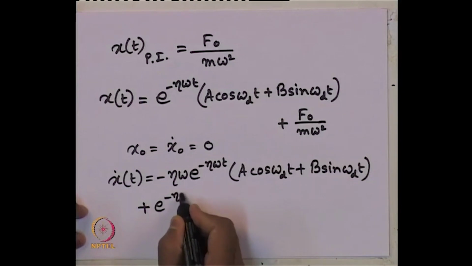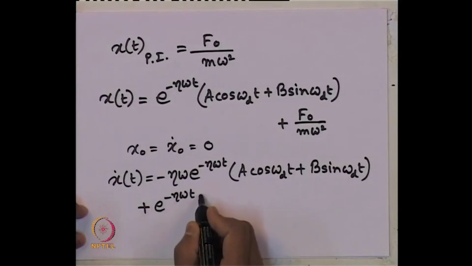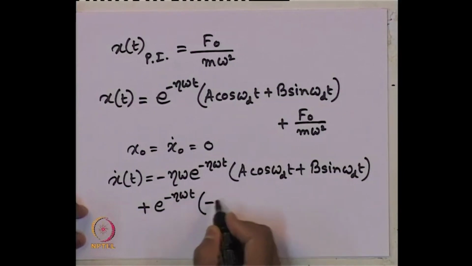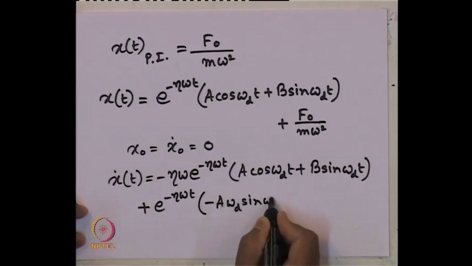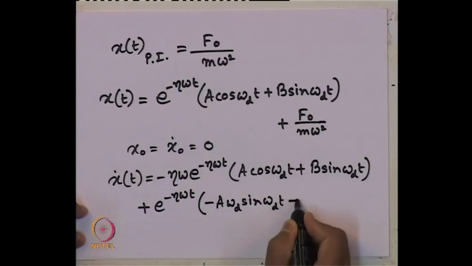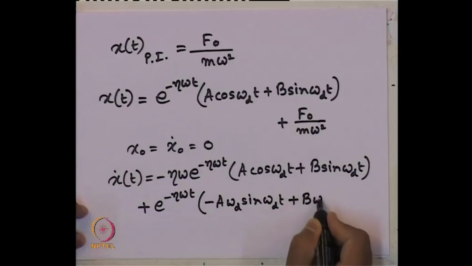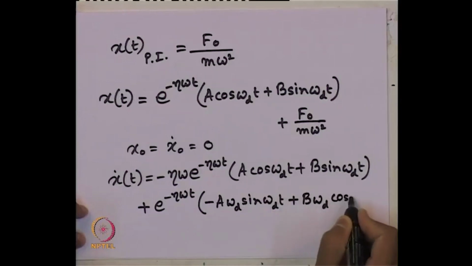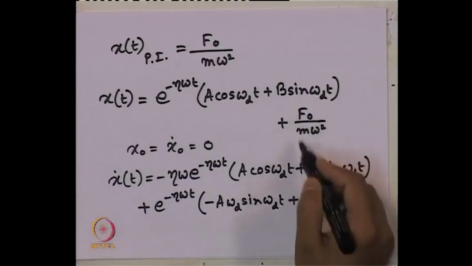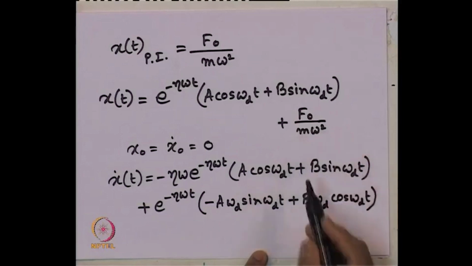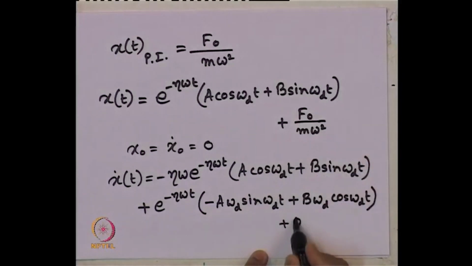So, e to the power minus eta omega t, minus a omega_d sin omega_d t plus b omega_d cos omega_d t. And this component, if we differentiate, of course, it will give us 0 plus 0.